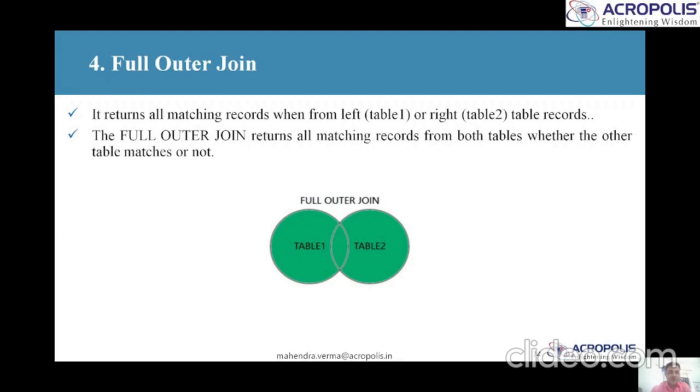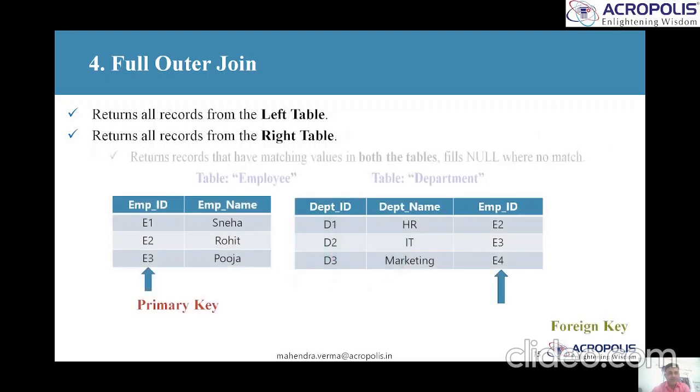So full outer join will return all records from the left table and the right table, whether there is a match or not. As the diagram is already explaining the concept, let us observe the query given over here.